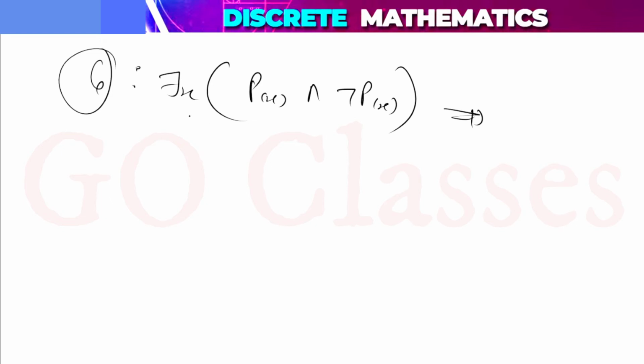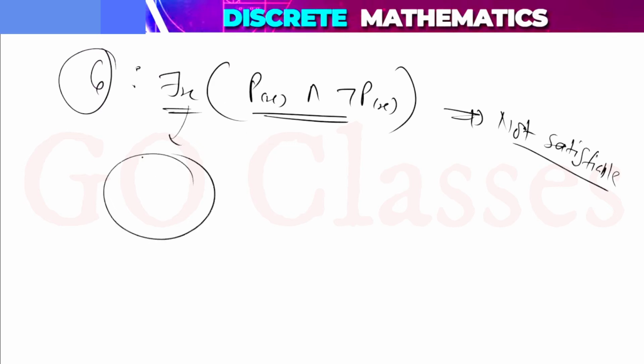You can see this is actually not satisfiable, because whatever you do, you cannot make it true. This G you cannot make it true, because let's assume you take a domain, and in the domain, of course, I told you always take a non-empty domain, because by default domains are always non-empty.